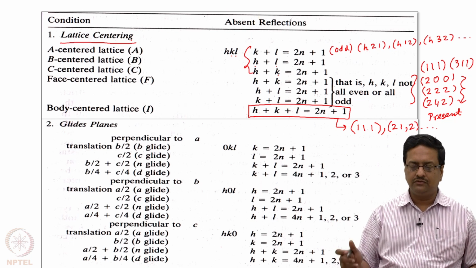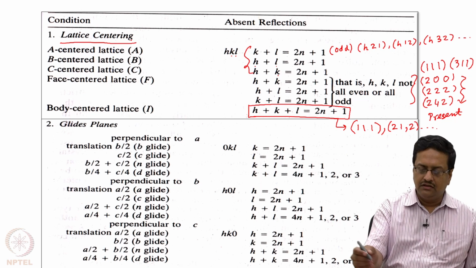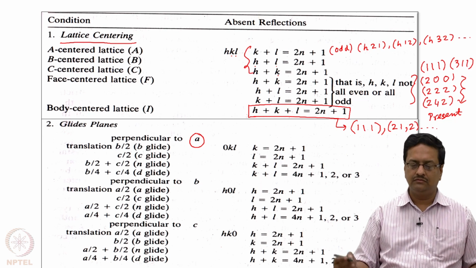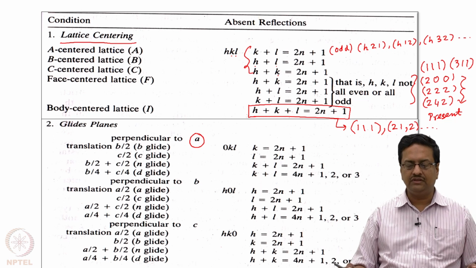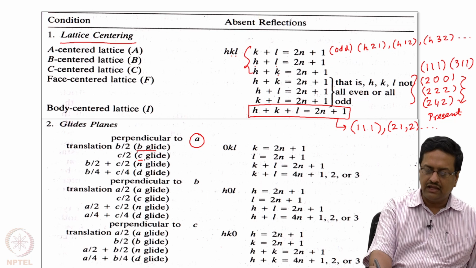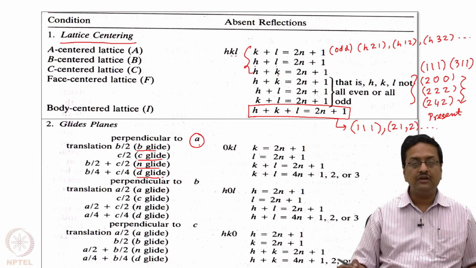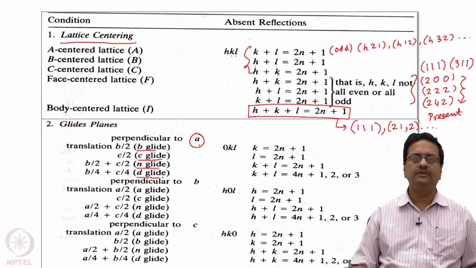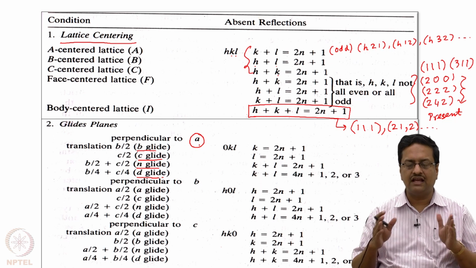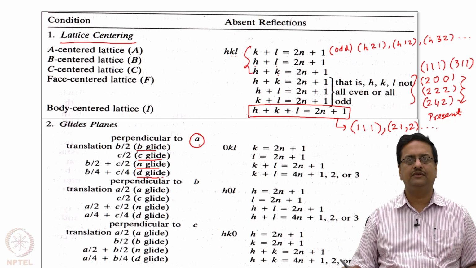So, when we are trying to see the reflections corresponding to a B glide, a C glide, an N glide or a D glide, which can be perpendicular to A, what could be the systematic absence condition? To understand that, we first need to see against which axis the glide is perpendicular.